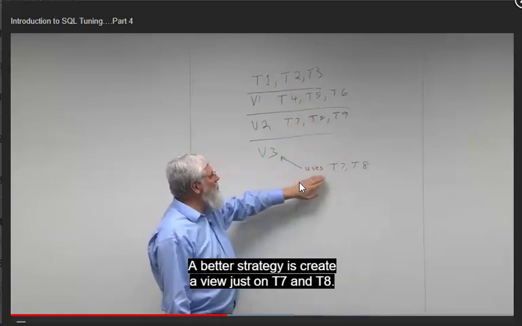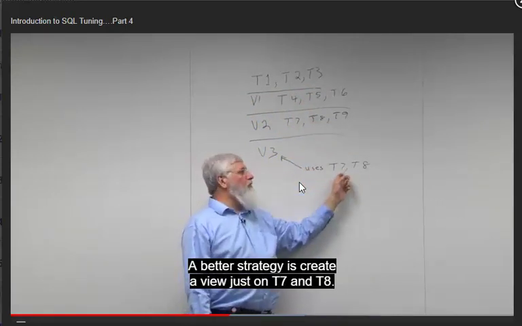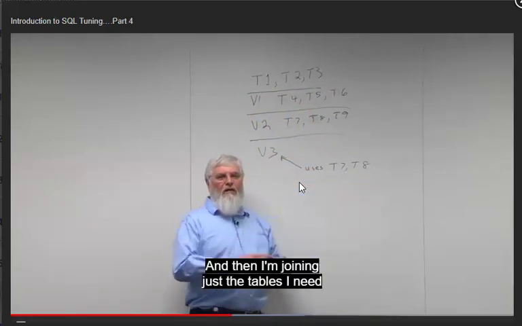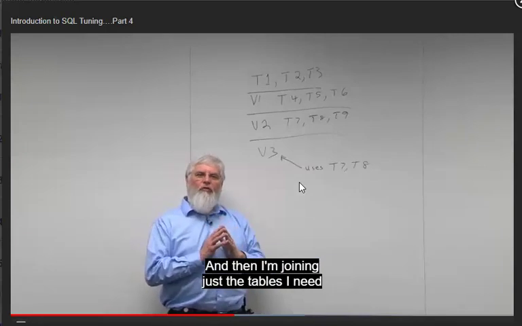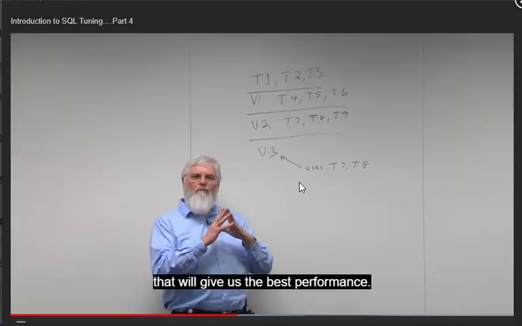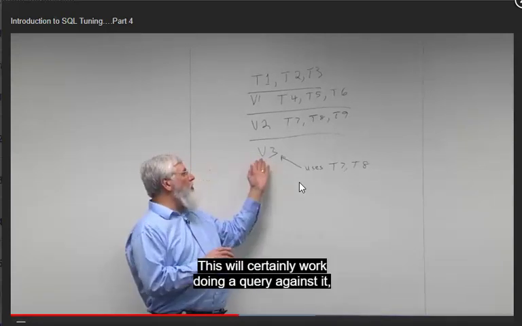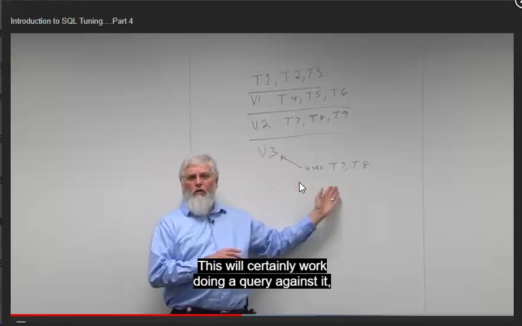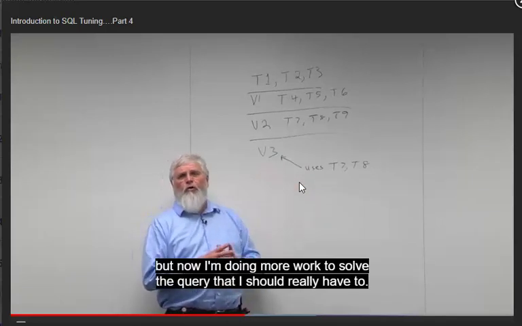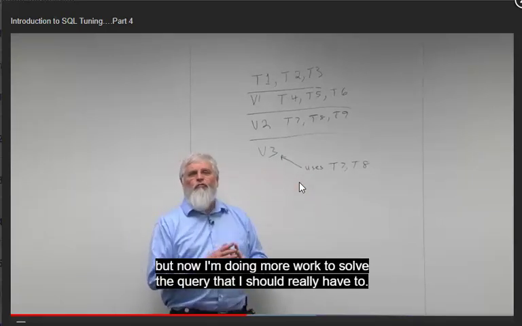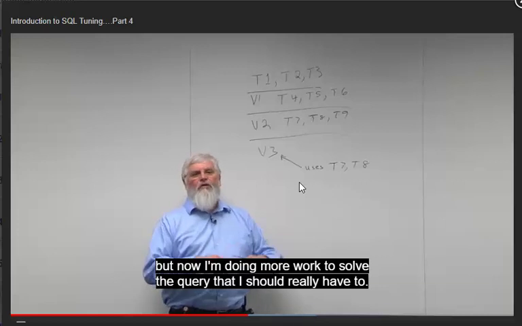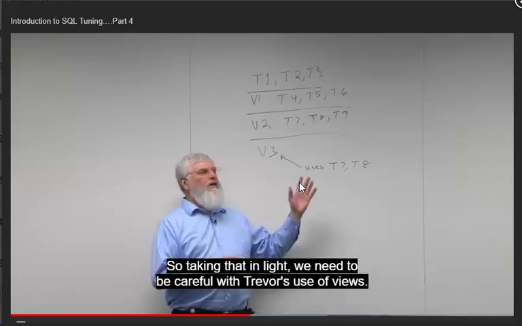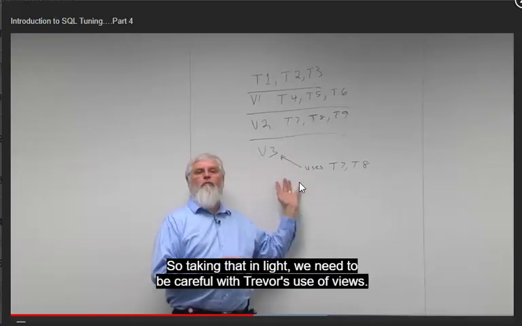A better strategy is create a view just on T7 and T8. And then I'm joining just the tables I need that will give us the best performance. This will certainly work, doing a query against it, but now I'm doing more work to solve the query than I should really have to. So taking that in light, we need to be careful with Trevor's use of views.